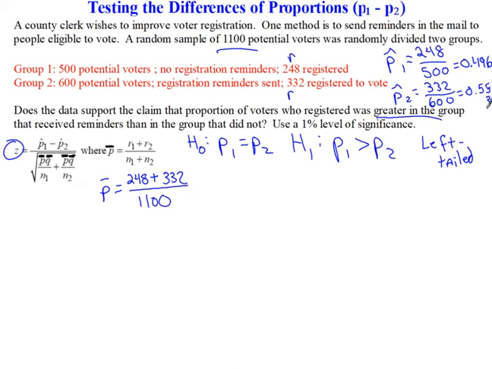My P bar is 248 plus 332, divided by 1,100, and that's going to be 0.527. Q bar is actually going to be 1 minus that, so 1 minus that number, 0.473.